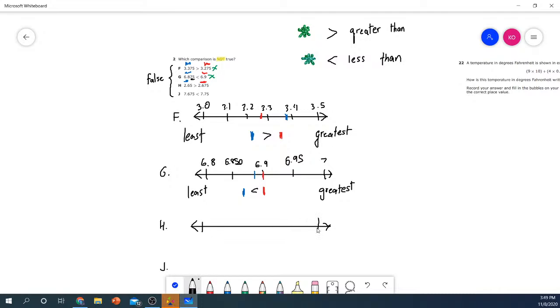So we know that this is in between 2.6 and 2.7. And we can make 2.65 here. Oh, sorry. 2.65 right in the middle.